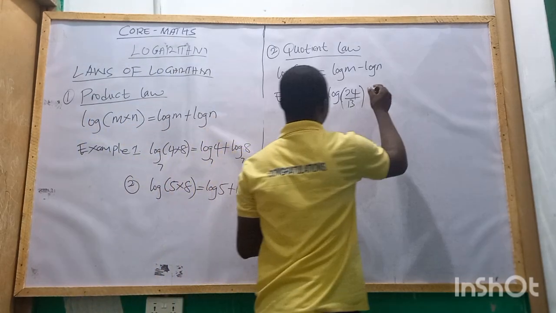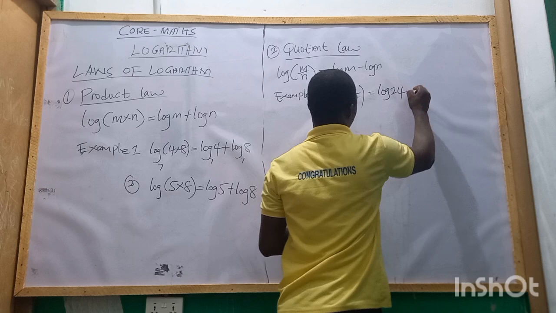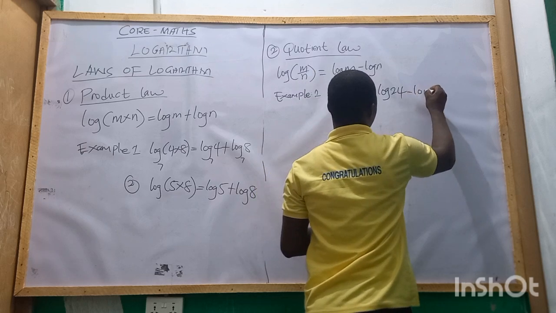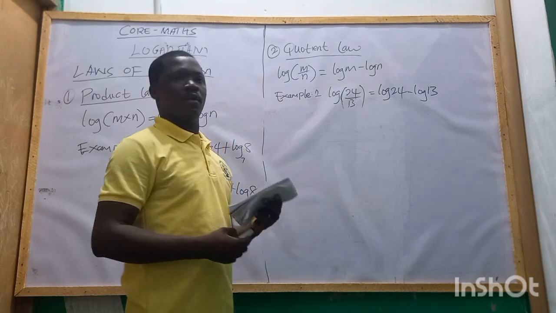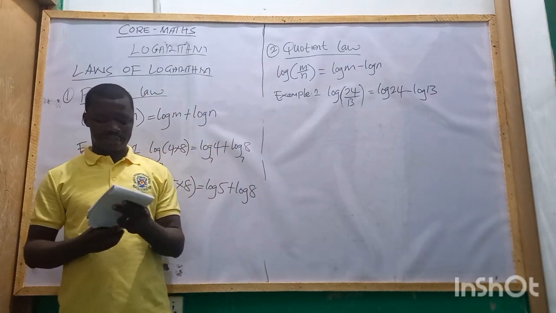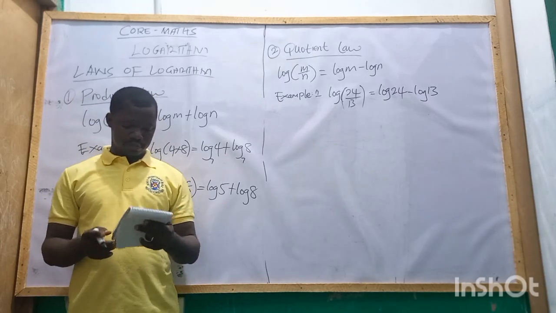So this one will give me log of 24 minus log of what? 13. Okay, so let's move on.